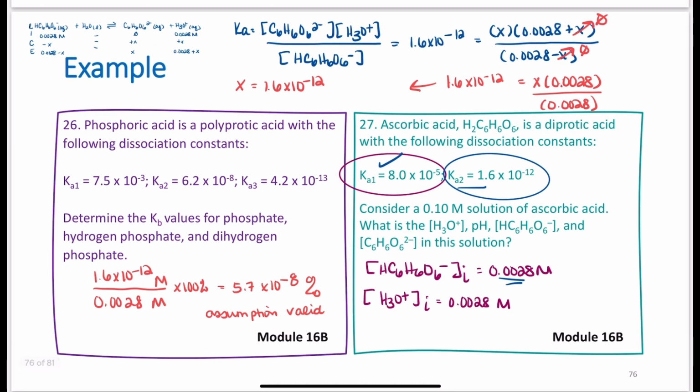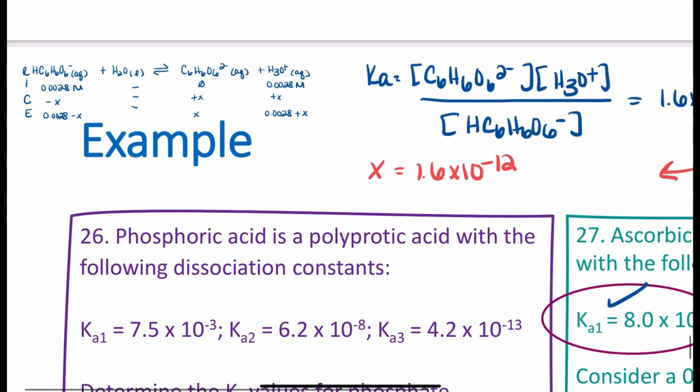But again, what does that value mean? What does x represent? X represents the amount of hydronium being added to the existing hydronium in solution after the second dissociation. X represents the amount of the C6H6O6 2 minus in solution after the second dissociation.